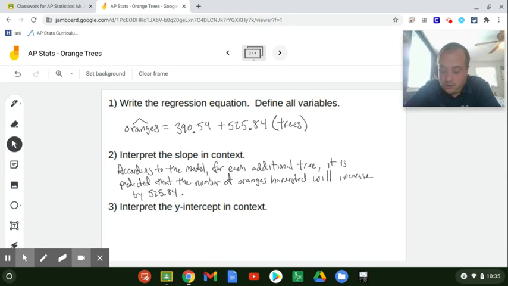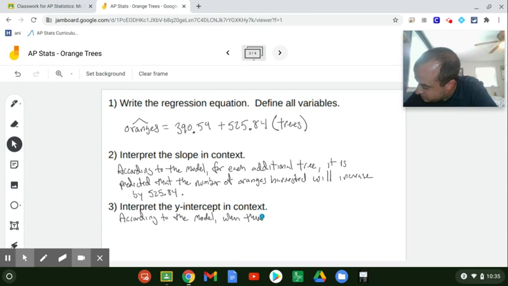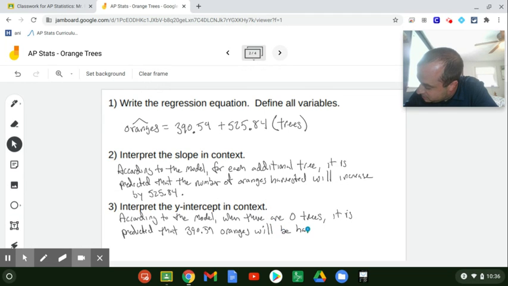Interpret the y-intercept in context. According to the model, okay, when there are 0 trees, so when our explanatory variable trees here is 0, okay, it is predicted that 390.59 oranges will be harvested.